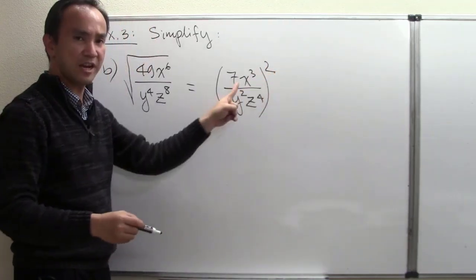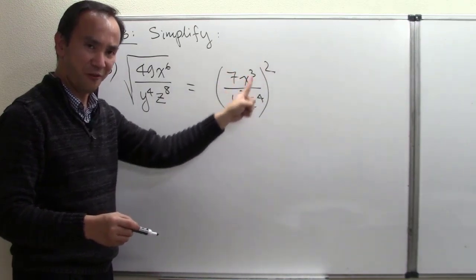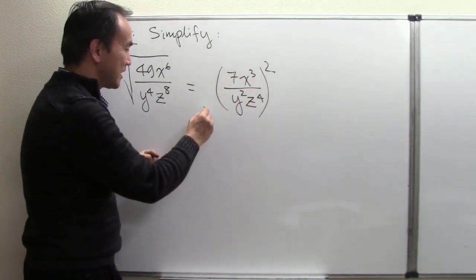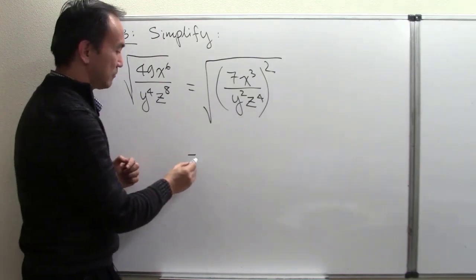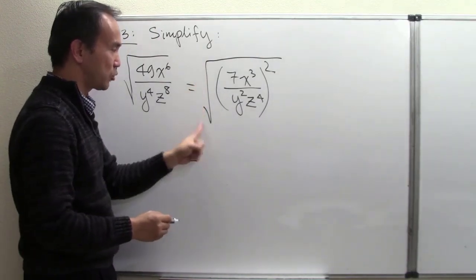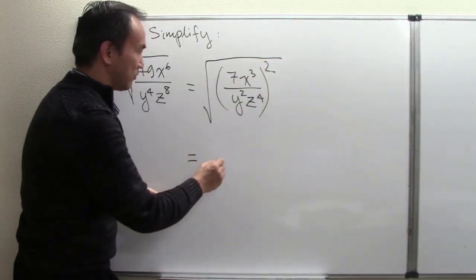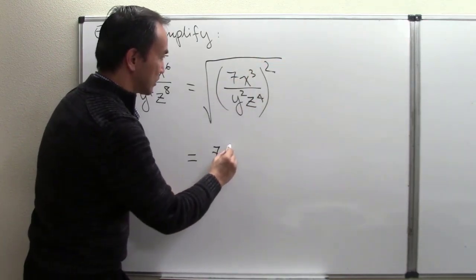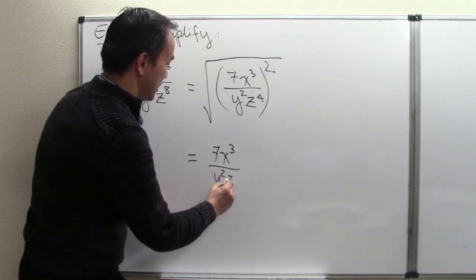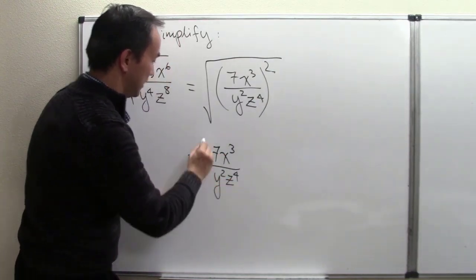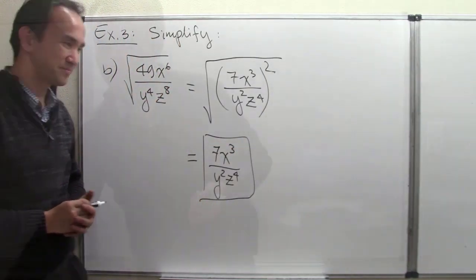That's how I have re-expressed my fraction as a perfect square of another fraction. And now the next step is to take the square root. The square root will make the square be canceled. So now we're going to have 7x cubed over y squared z to the 4th power. And that's how we're done with that particular problem.